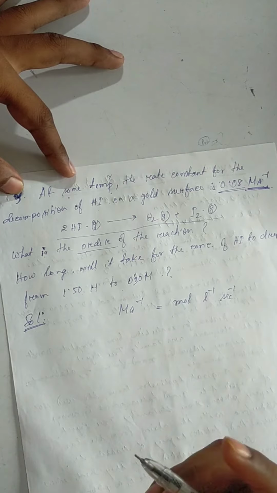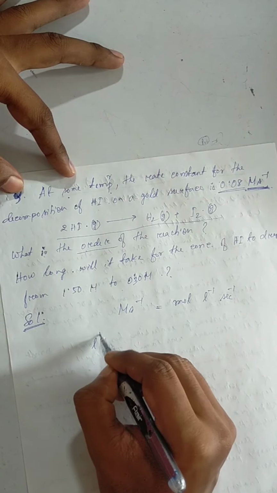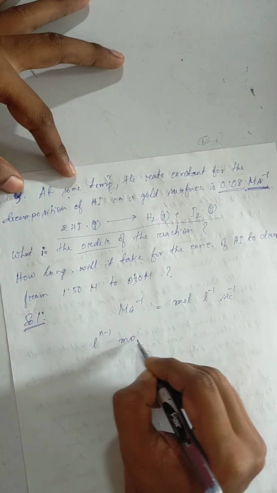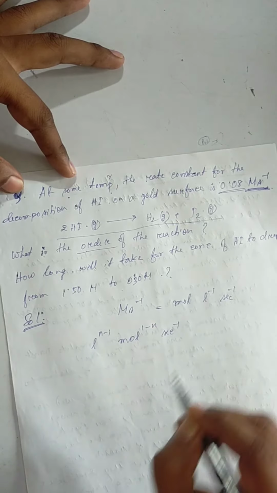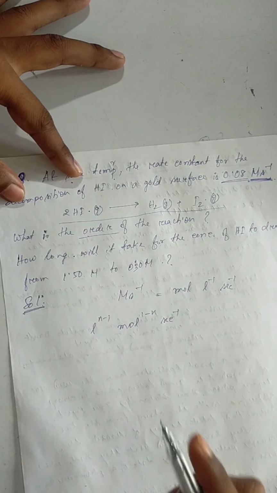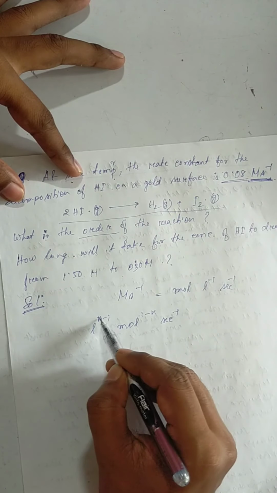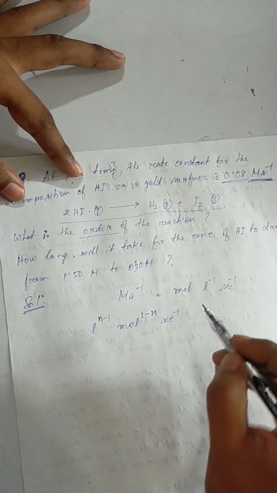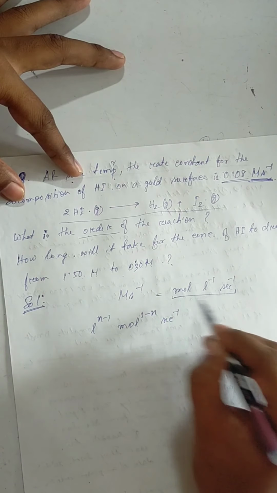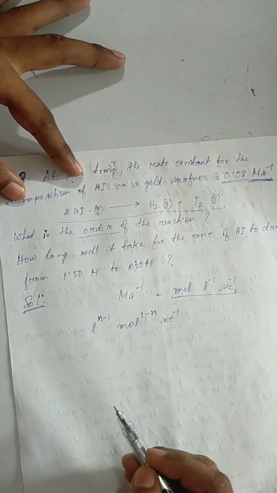As the general unit, I have already told you, is liter^(n-1) mole^(1-n) second inverse. So think about this, what will be the value of n? By putting that value we will get this unit.